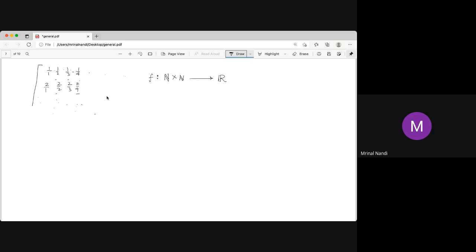It is like a matrix, N cross N, infinite matrix, because the first element will be f of 1 1, then 1 2 the second element, and so on, then 2 1, and so on. Infinite sort of thing.